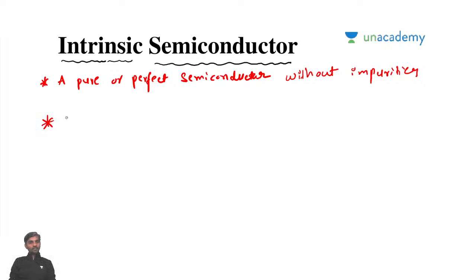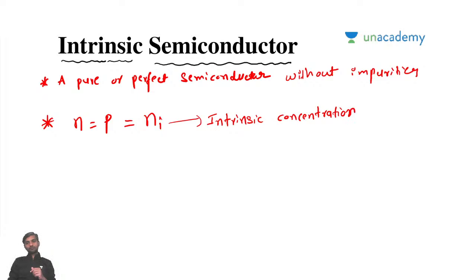For an intrinsic semiconductor, the electron concentration n must be equal to the hole concentration p, and that is equal to ni, where ni is the intrinsic concentration. So n is equal to p is equal to ni.